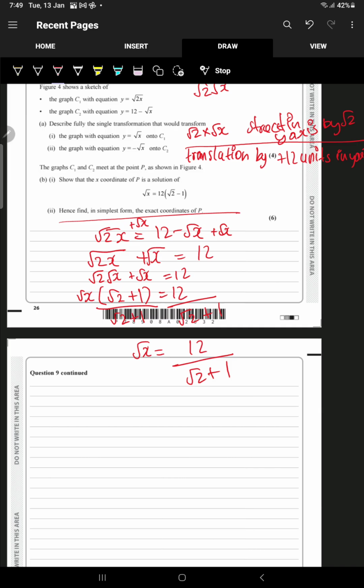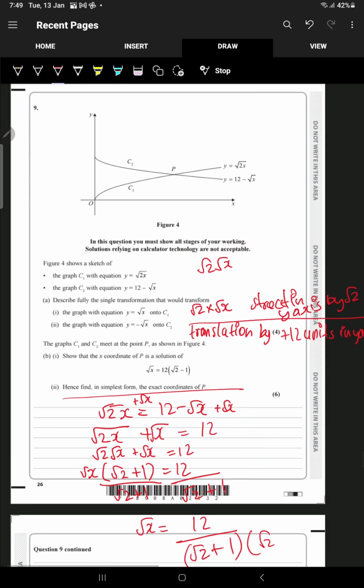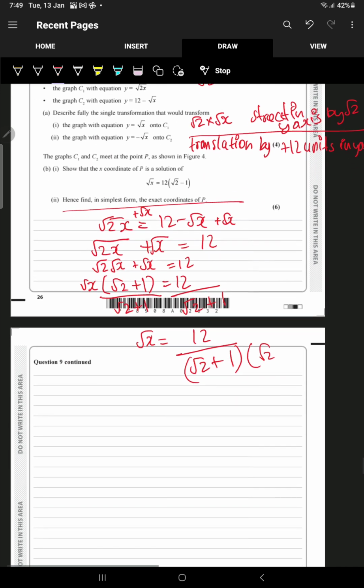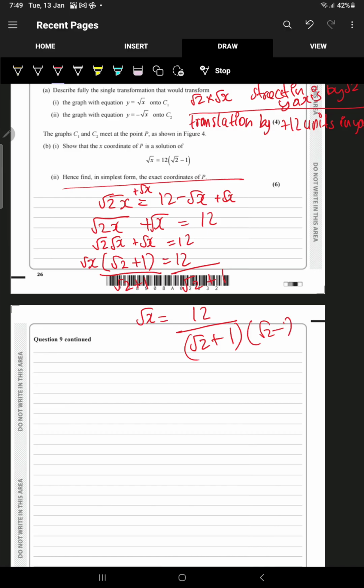You have to show all stages of working over here. You cannot just rationalize it by the calculator, that won't work. So multiply by root 2 minus 1.